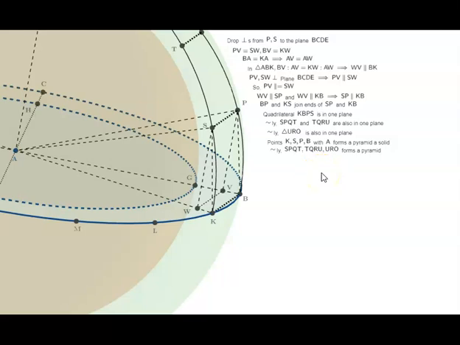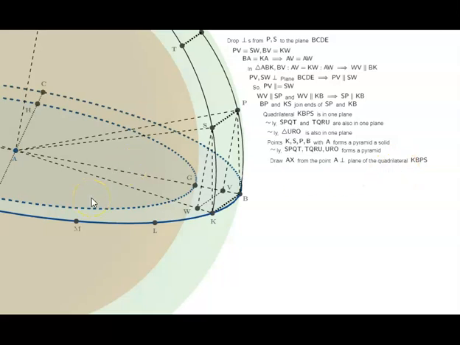First part is over. Now we have to show that the quadrilateral KBPS does not touch the surface of the inner sphere. To do that, we drop a perpendicular from A to the quadrilateral KBPS. So draw AX from the point A perpendicular to the plane of the quadrilateral KBPS. So let's do that.